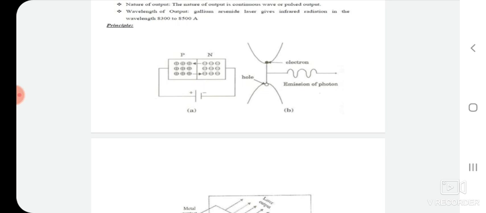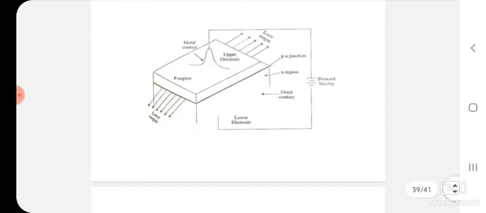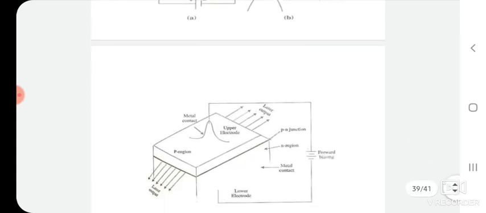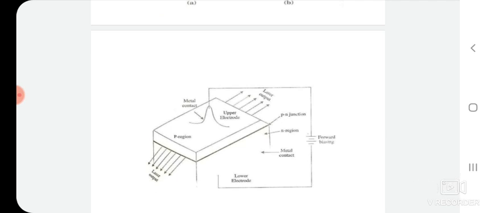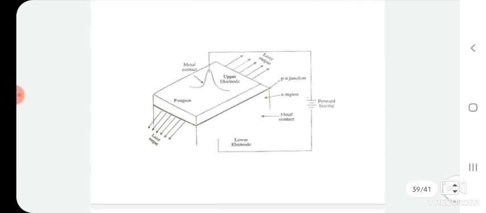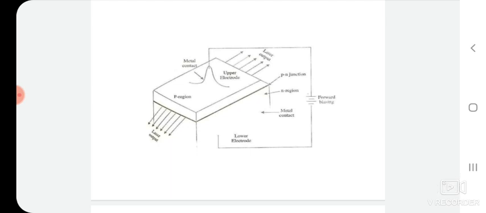Okay. Now next, how can we construct it? This figure shows the basic construction of a semiconductor laser. The active medium is a PN junction diode made from a single crystal of gallium arsenide.